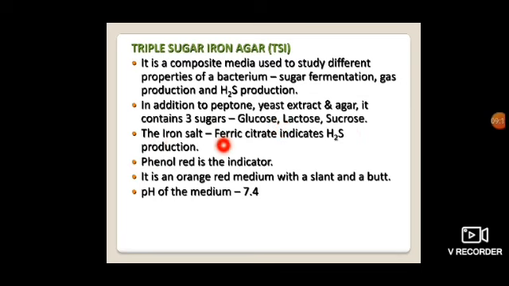The iron salt is ferric citrate, which indicates the presence of H2S production. If ferric citrate is there, then it will show the formation of H2S. Then phenol red is the indicator used for this triple sugar iron agar test.